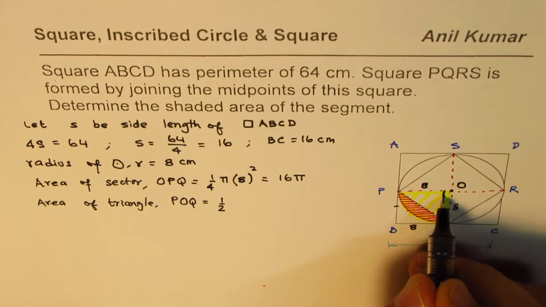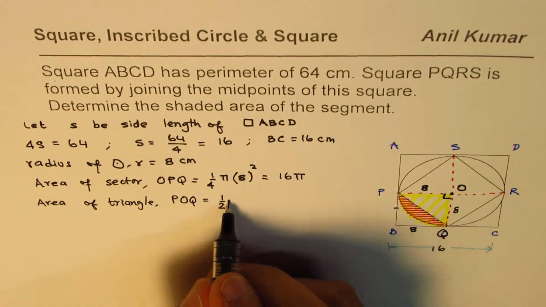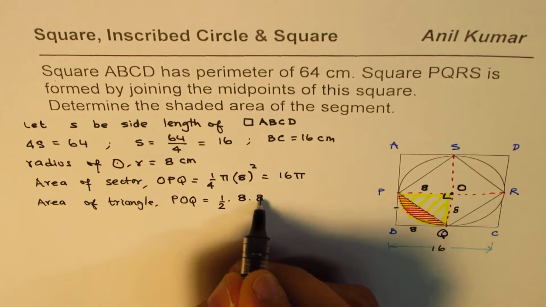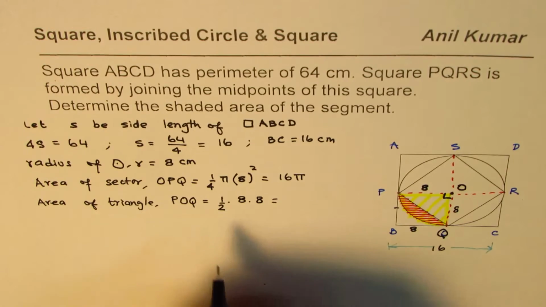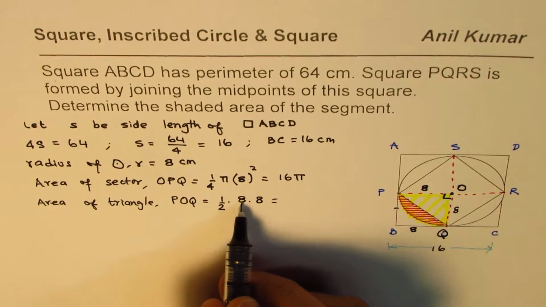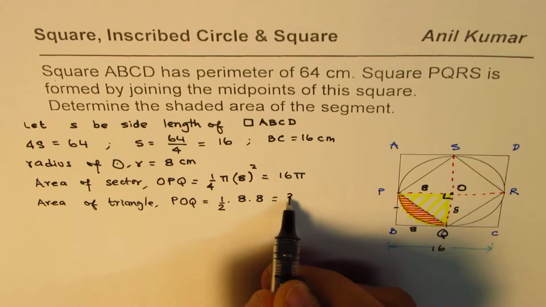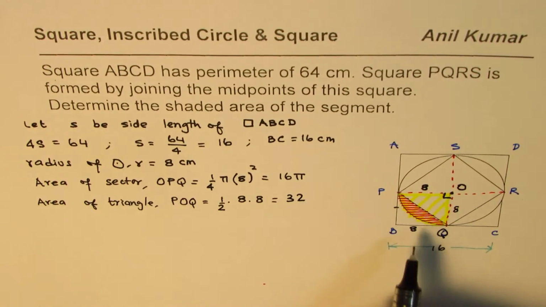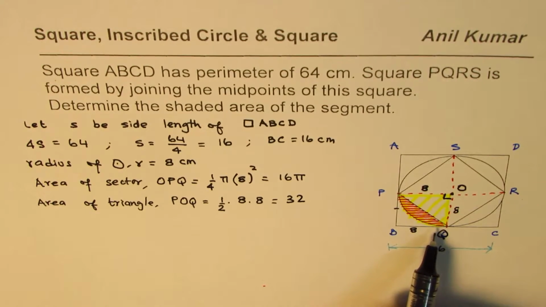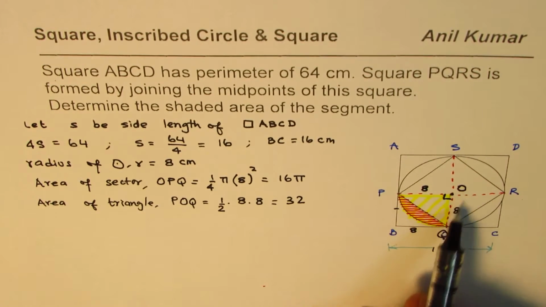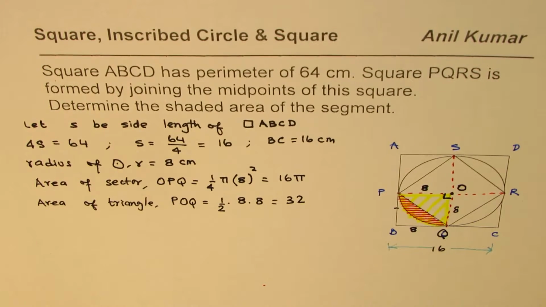This angle is 90 degrees. So half times 8 times 8. Half of 8 is 4, and 4 times 8 is 32. So we get 32 as the area of the triangle POQ. That means we're talking about this area.